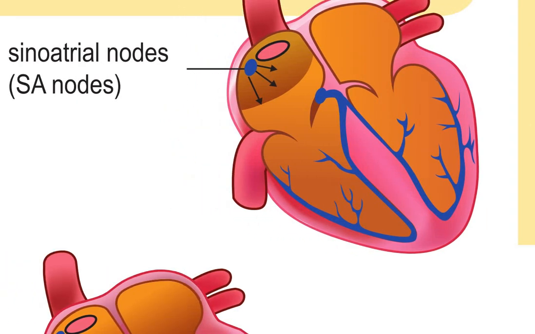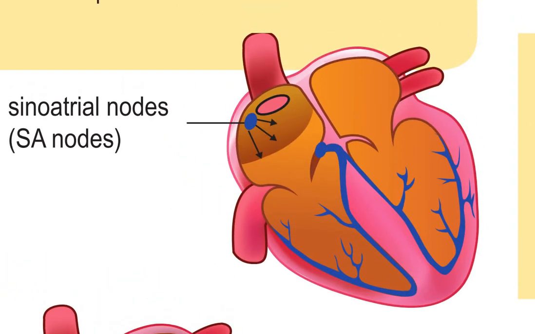Okay, we continue. We start with this first one, the sinoatrial node. What does the sinoatrial node actually do? It generates impulses, right? So it will start here. The sinoatrial node will generate an electrical impulse.